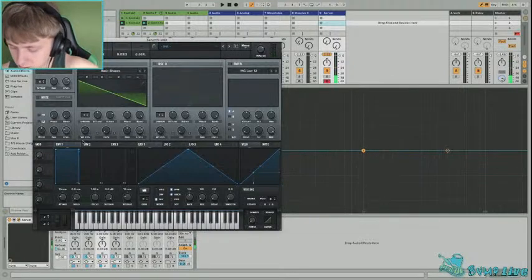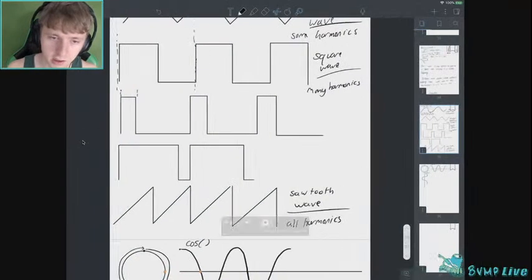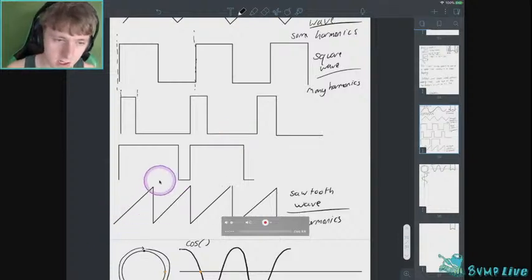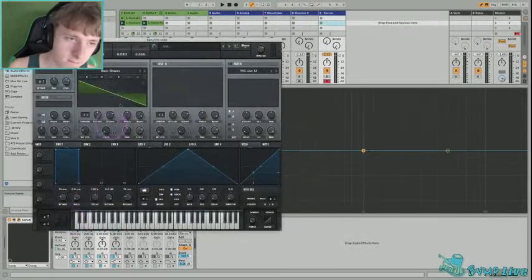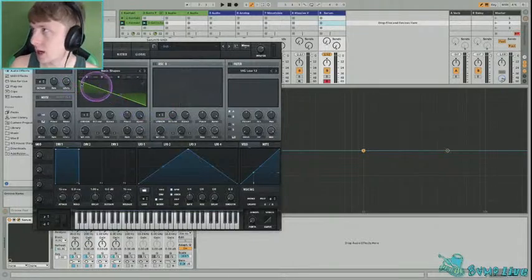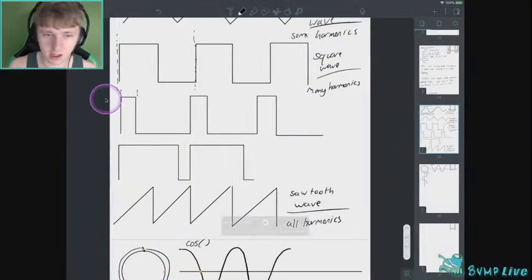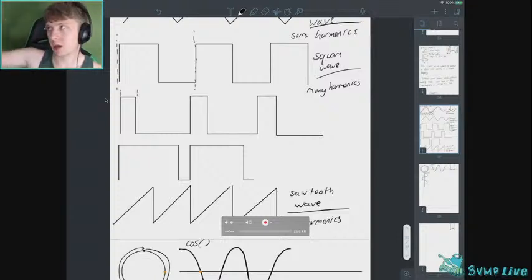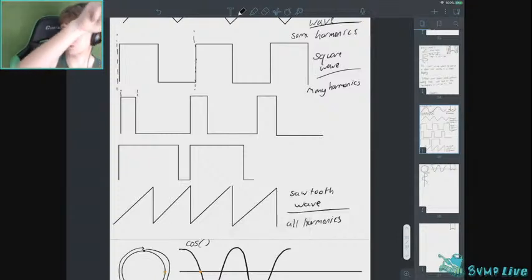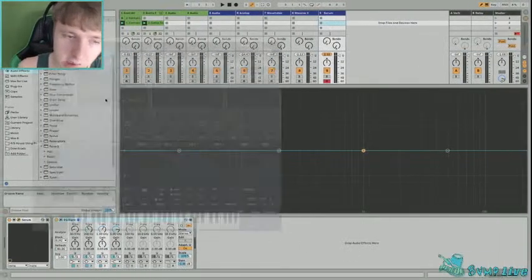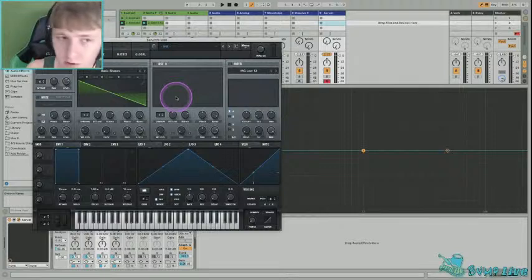So the shape is somewhat like this, right? Because this is the whole cycle. It's just a ramp. It's a downwards ramp here, but it's the same thing if you were to do it this way as opposed to that way, right? It's the same shape, but flipped over.